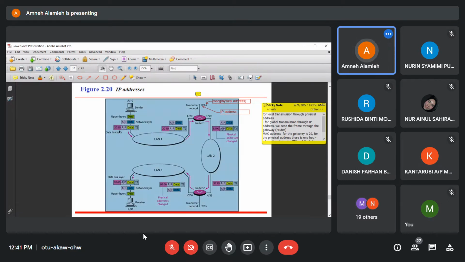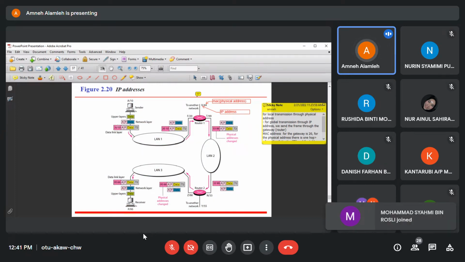It has the sender physical address, or MAC, which is 10, and the receiver MAC address. Now it is 20. 20 is the physical address of the receiver. This is what we see in the header, in the pink color.